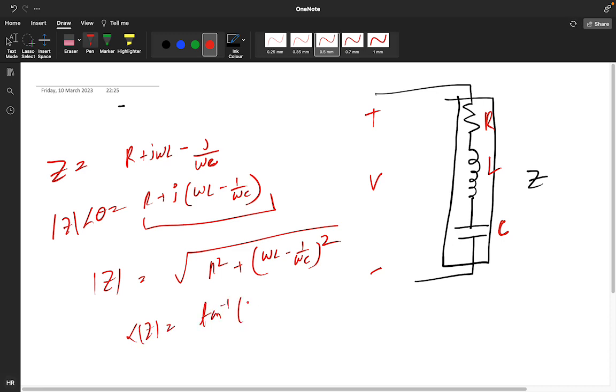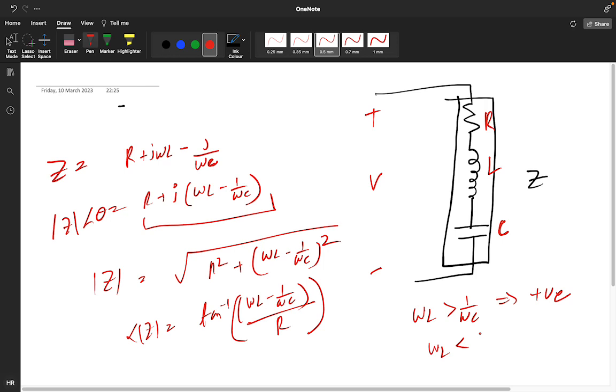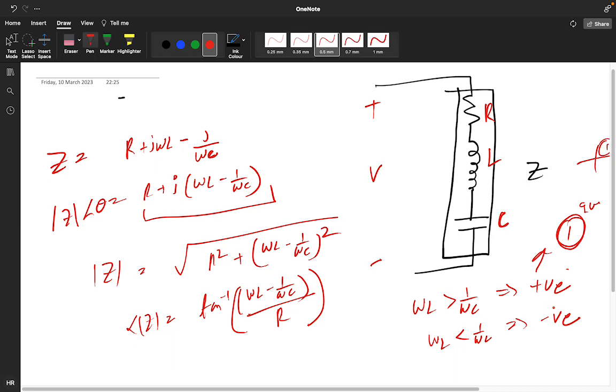Tan inverse of (omega L minus 1 by omega C) divided by R. So if omega L is greater than 1 by omega C, then it's positive, and the angle is in the first quadrant. If omega L is lesser than 1 by omega C, it is negative, and the angle is in the fourth quadrant.